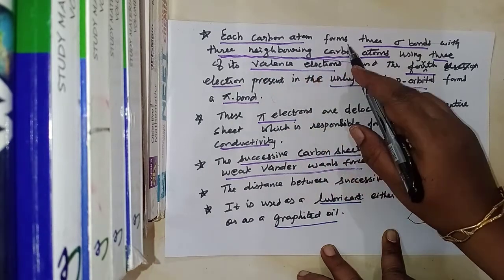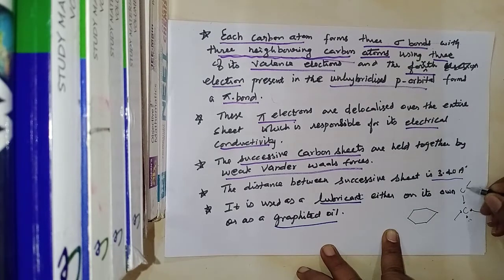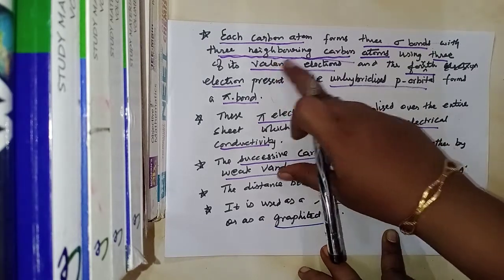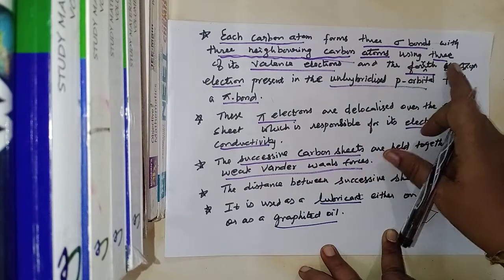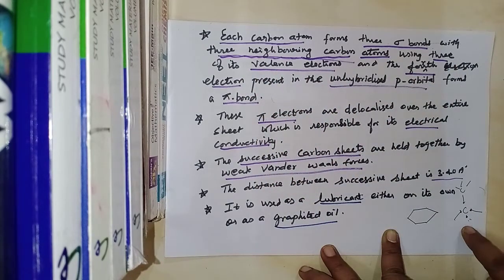Each carbon atom forms 3 sigma bonds with neighboring carbon atoms using 3 of its valence electrons, and the 4th electron is present in an unhybridized p orbital. The unhybridized p orbitals form a pi bond.